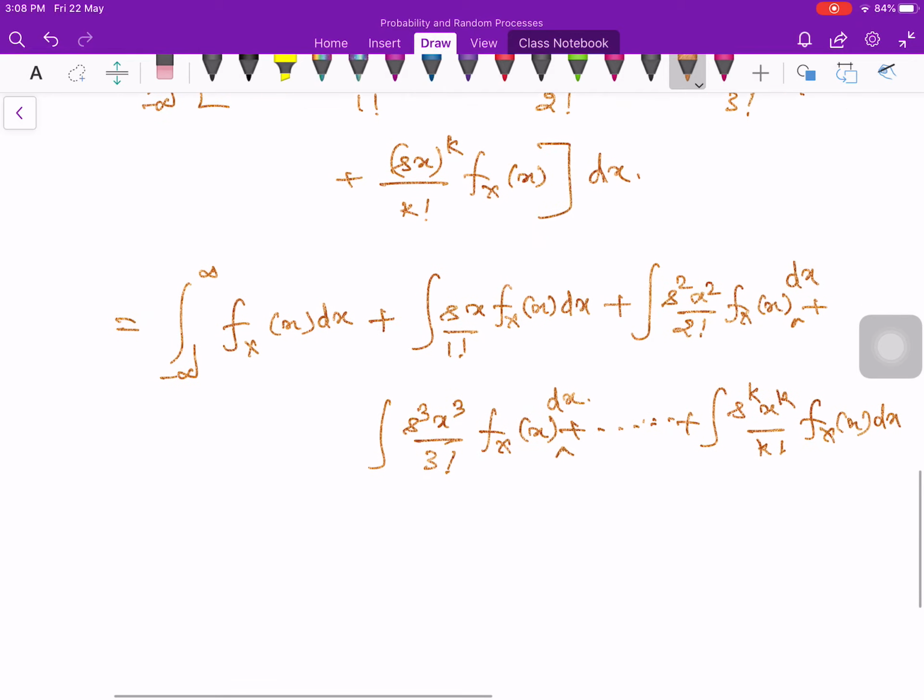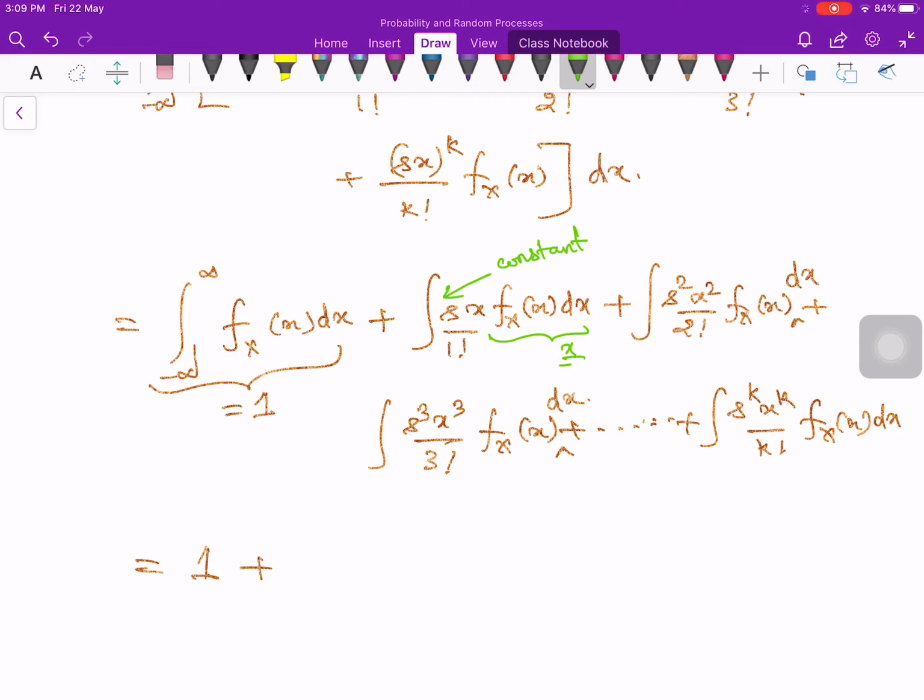Okay. Now if you look at this expression, this first integral is going to be 1 by the normalization property of the random variable's density function. So that is going to be 1 plus, and in this one s is a constant. Why is it constant? Because the integration is with respect to x, therefore I can pull it out of the integration.